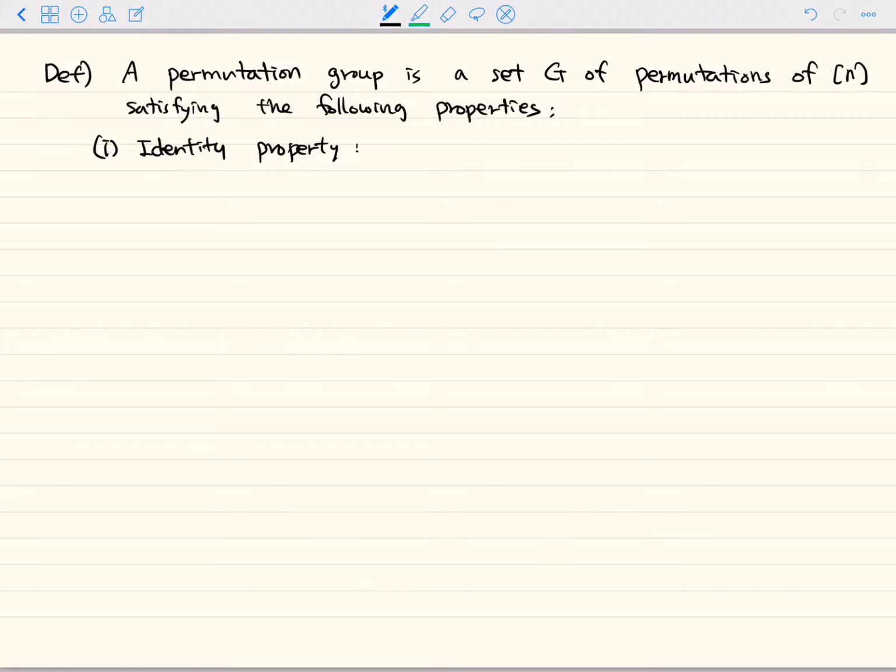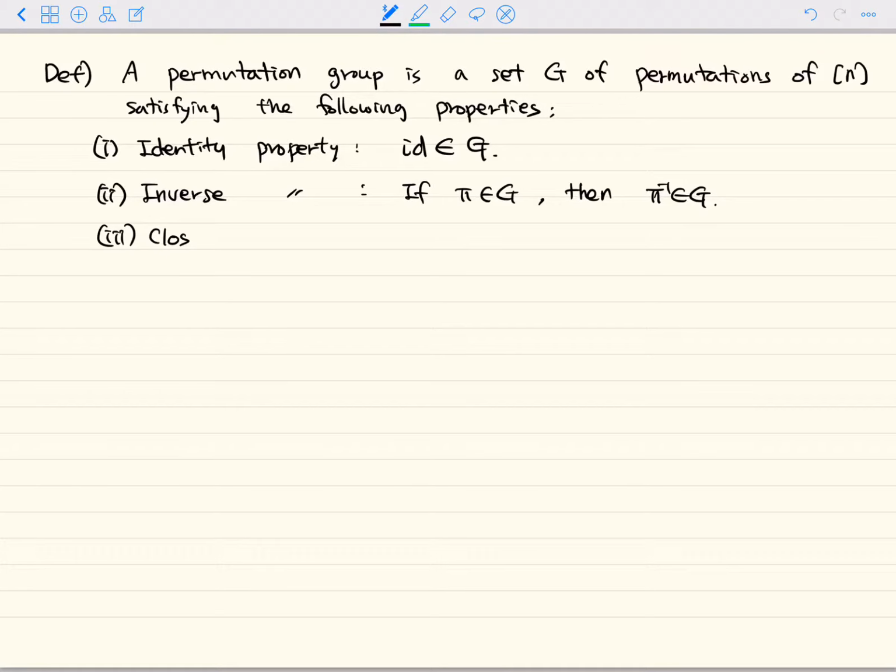And that means that the identity permutation must be in the set. And the second, inverse property. It means if pi is a permutation in the set G, then pi inverse must be in the set G. The third, closure property.